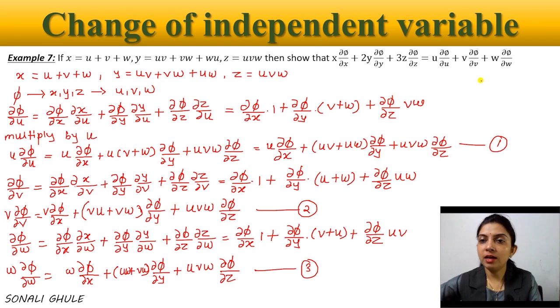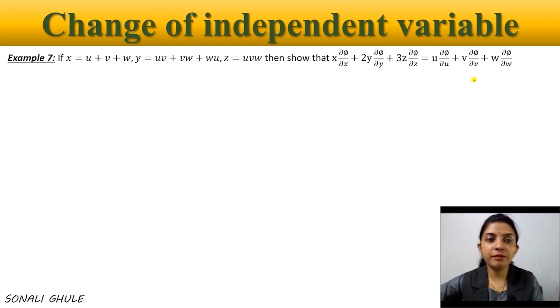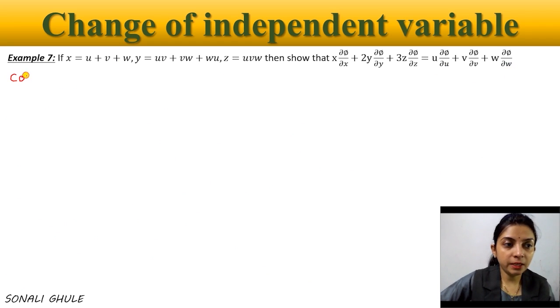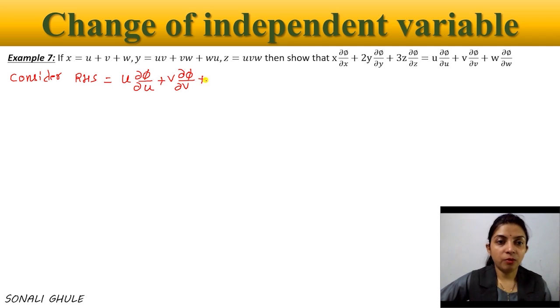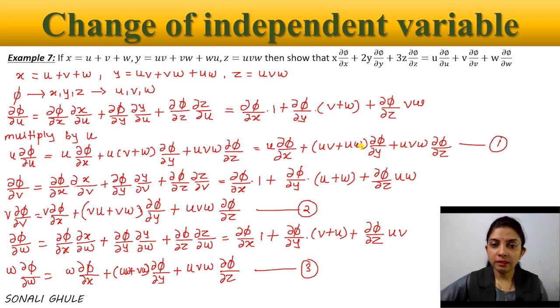So I can solve now the right hand side because I have all these derivatives. What is it? It is an addition of all the derivatives of phi with respect to u, v and w. So let's do the addition of all the derivatives. We have already found the values. This is your equation 1, this is your equation 2 and this is your equation 3.